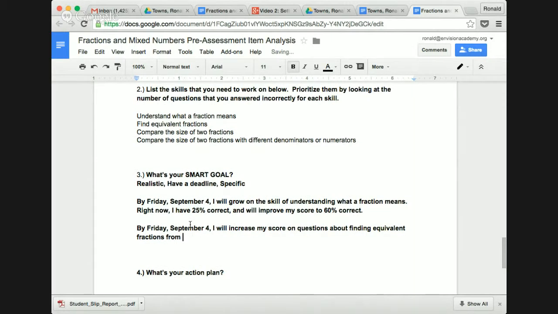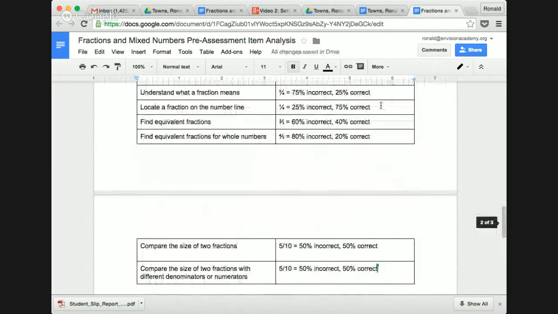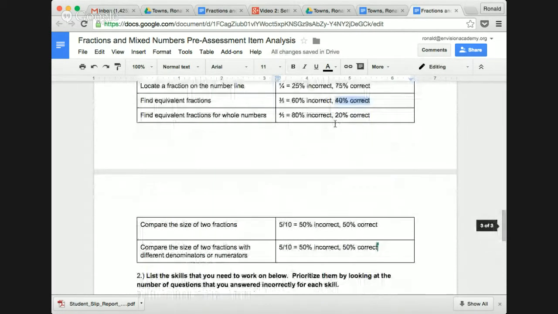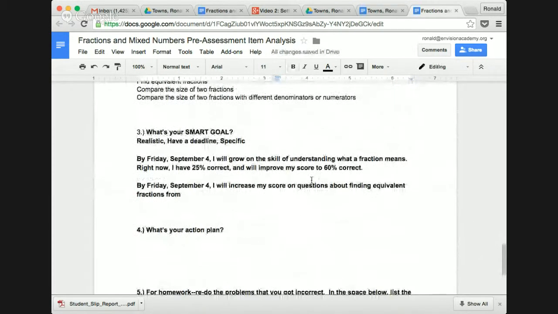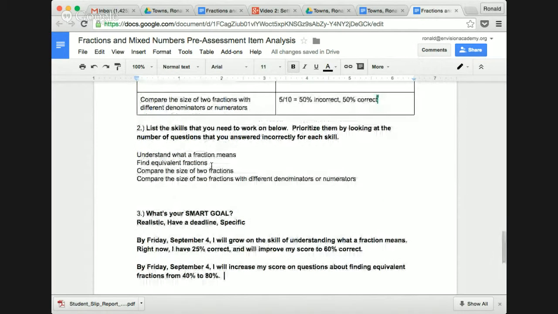What's my current score? I have 40%. So let's say I could go from 40% to 80%. I would do one of these SMART goals that are realistic, have a deadline, and are specific for each of the skills.